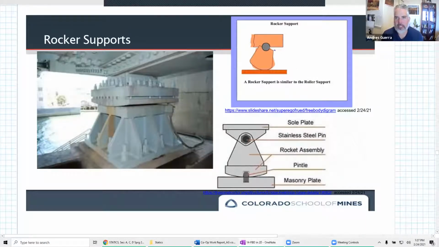It's a finite amount of translation. You can kind of see in this one where as it rocks, it allows motion in that direction. But it prevents in this direction, so we would have a force acting there. And then I have this picture down here. It's got all the names on it, but we don't need to know any of those names. I thought it was kind of a cool picture.